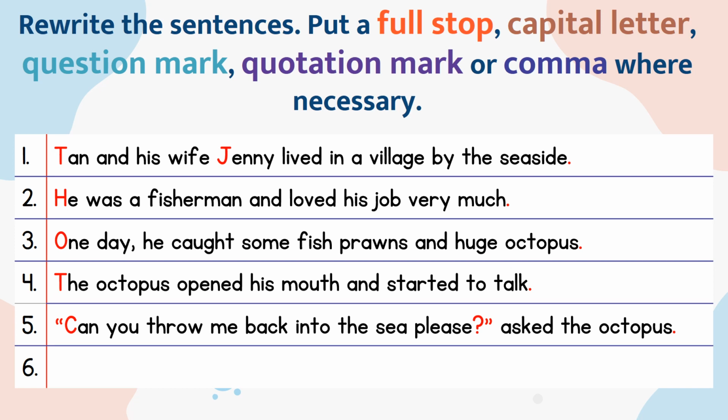The octopus is saying something, so to show what he is saying, you put in the quotation mark. First the quotation mark, and then you put a capital letter on the word Can. Then because the octopus is asking a question, you put in the question mark. Then end it with a full stop.